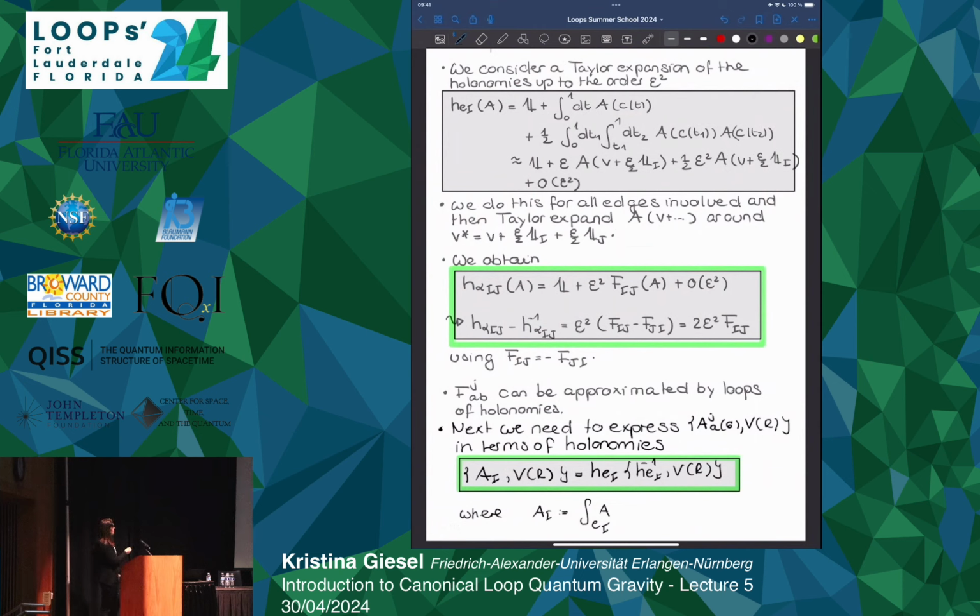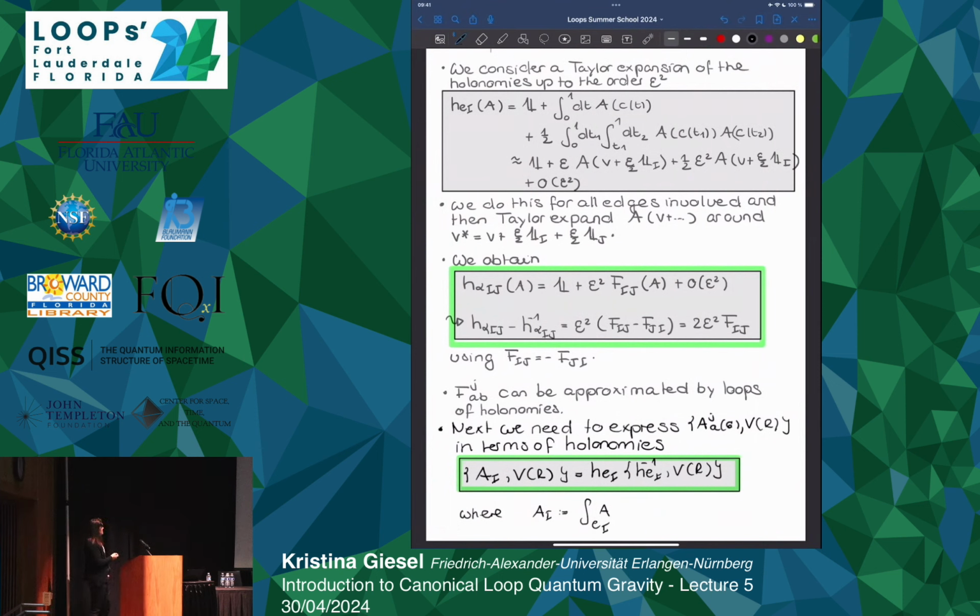In the second order, we get two nested integrals, and so on and so forth. And since the length of the edges is tiny, epsilon, we can approximate the integral by epsilon times the integrand evaluated at a point in the integral, which I choose to be V plus epsilon over two in the i direction, so at the middle of the edge.